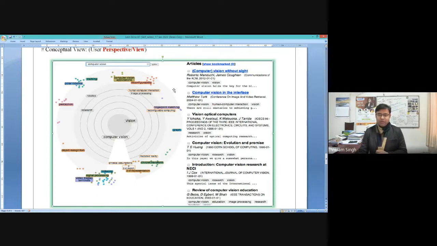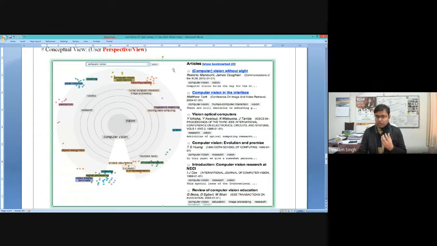Now let's take this simple GUI and try to understand what capability it provides. There is a search box where "computer vision" is submitted as a query. Once you push this query into the system and click on the search button, the system fetches different relevant results.